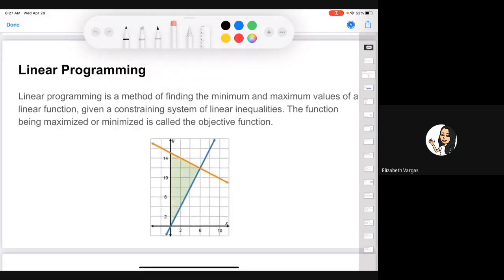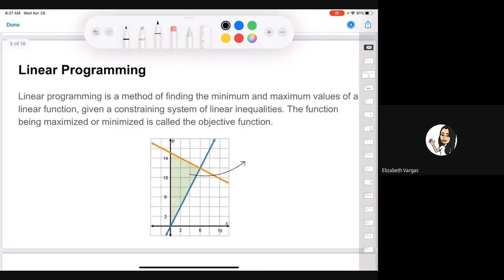So again, linear programming is a method of finding the maximum or minimum values of a linear function given a constraint system of linear inequalities. The function being maximized or minimized is called the objective function. If we had a set of linear inequalities, now graphed, what we get is what we know as a feasible region.